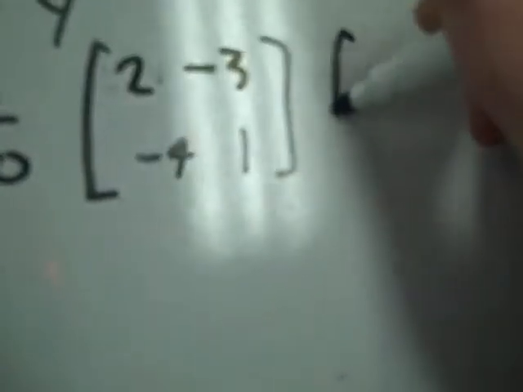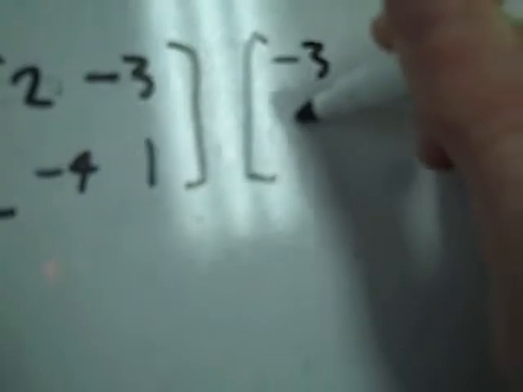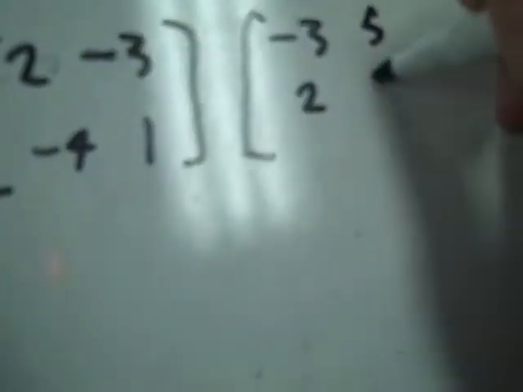And then you multiply that by the other matrix, which is negative 3, 2, 5, and 6.